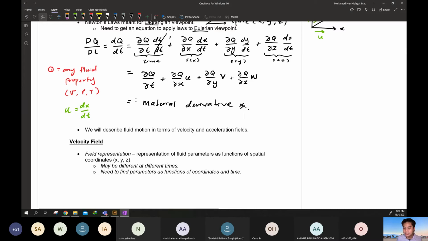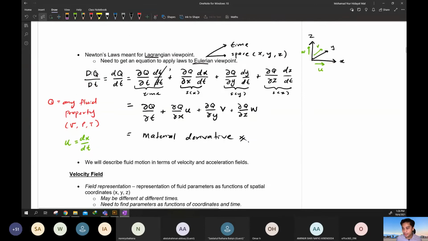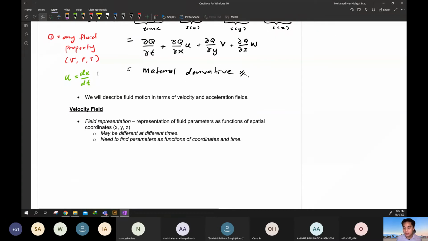Alright. So we will describe the fluid motion in terms of velocity and acceleration. So now you look at here. Q we call any kinds of fluid property like velocity, acceleration. Now let's try to derive clearly in the points of velocity field. Okay. So field representation is the representation of fluid parameter as a function of spatial coordinate.